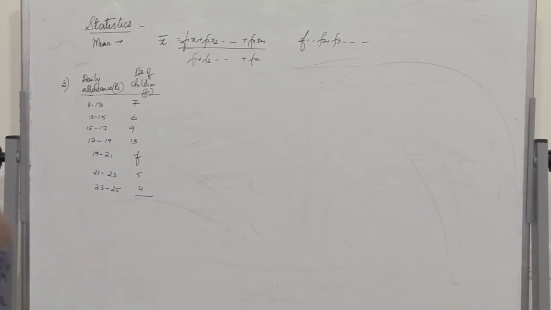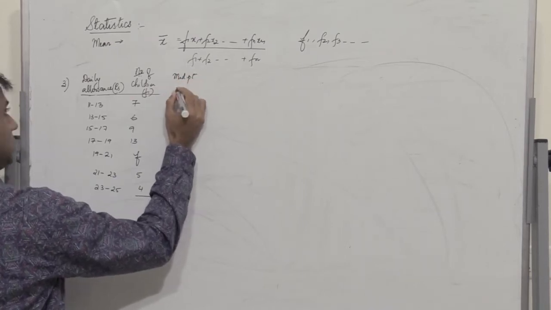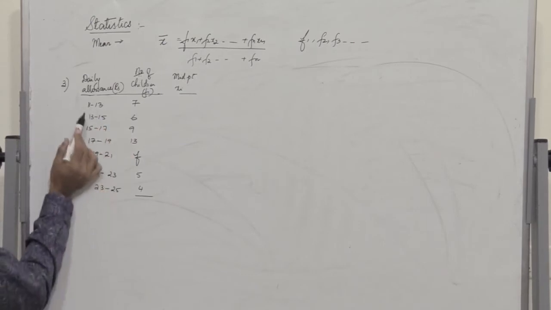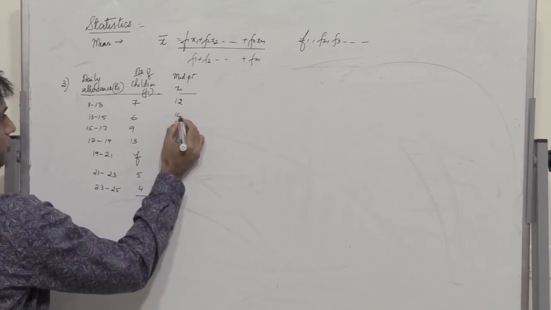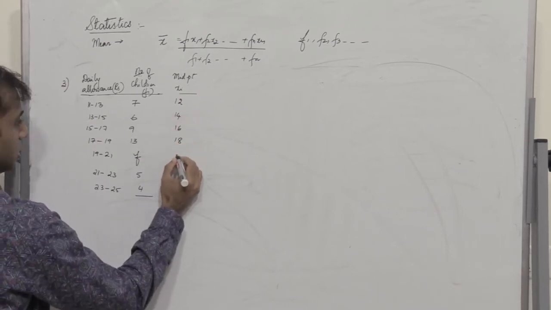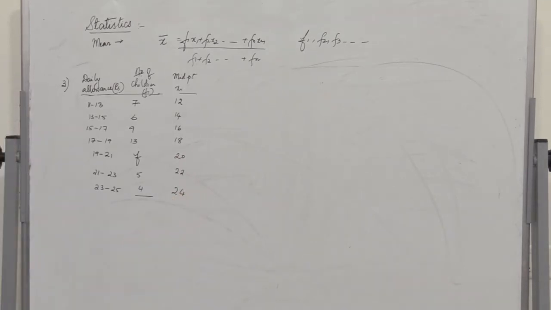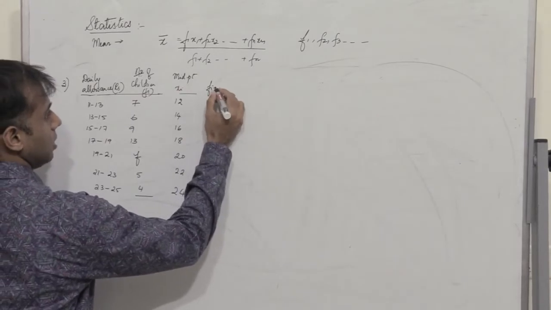So let's find the midpoint. The midpoint xi is the intermediate value here, so this is 12. The value between 13 and 15 is 14, then 16, 18, 20, 22 and 24. Next we need to find fi xi.